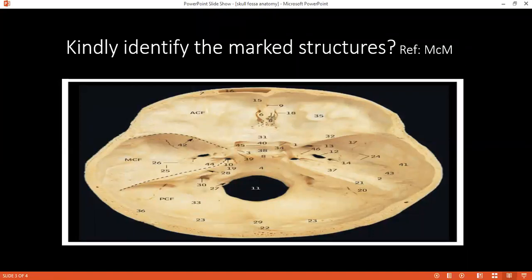Would you be able to identify the foramen lacerum?